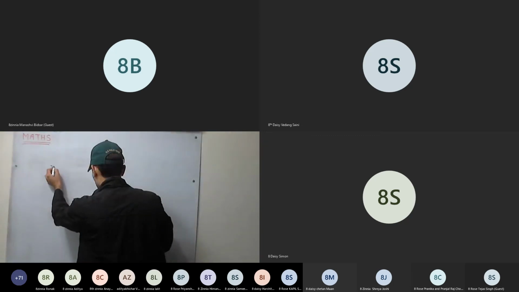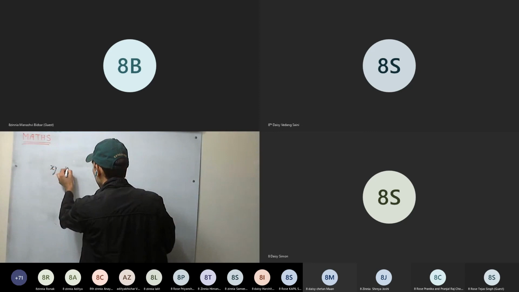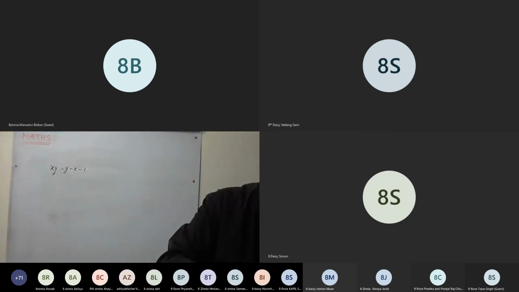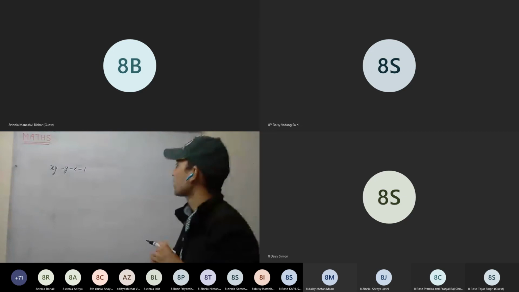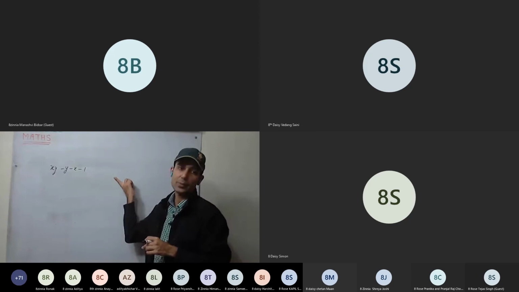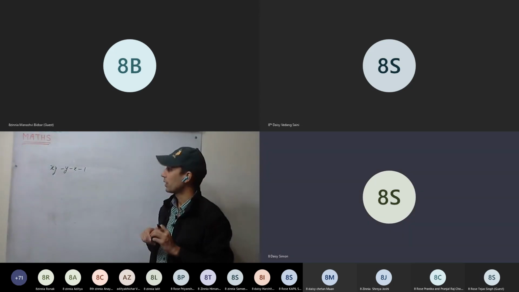Okay, this one you do: xy minus y minus x minus 1. How are you going to do this one? You can go with rearrangement or go straightforward as well. Minus y, y minus 1.